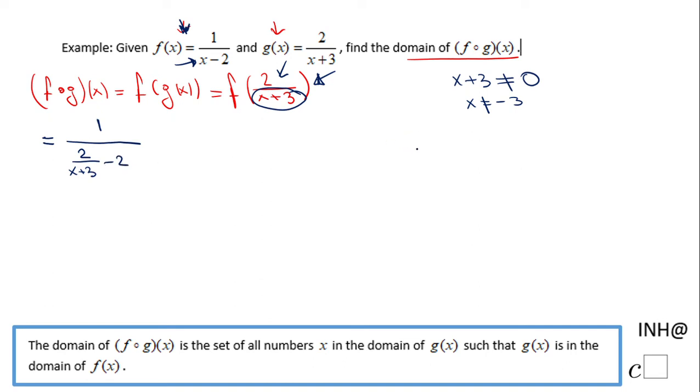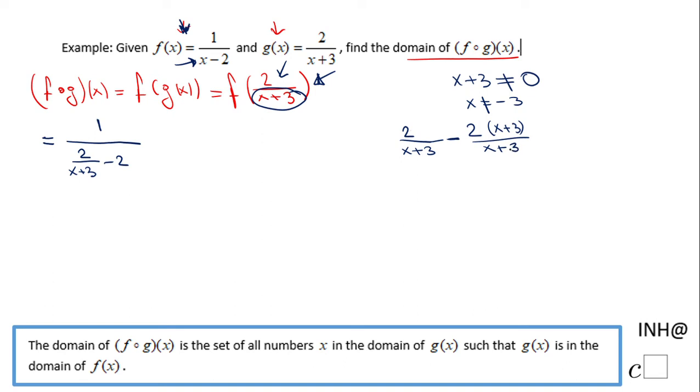And let's handle this denominator of this complex fraction, 2 over x plus 3, and you notice it's minus 2. I'm going to say minus 2 times the quantity x plus 3 over the quantity x plus 3.